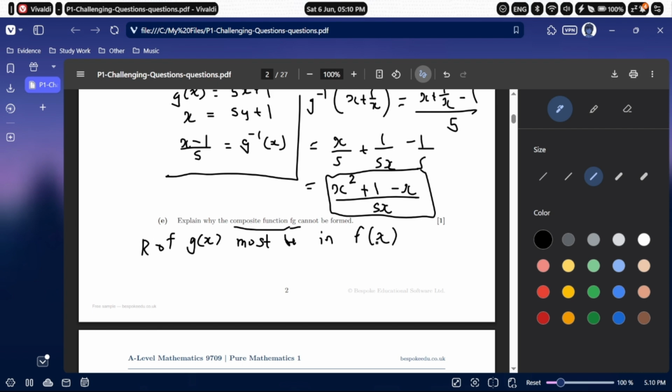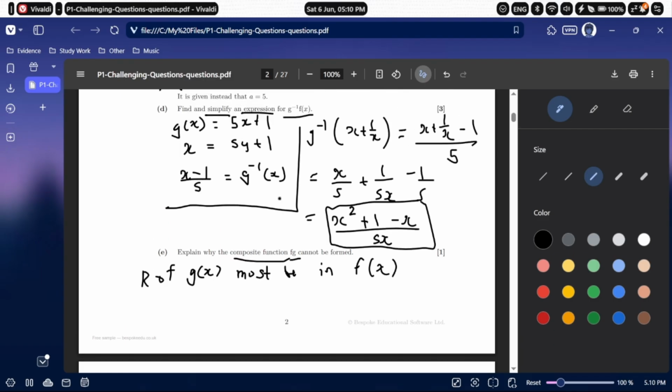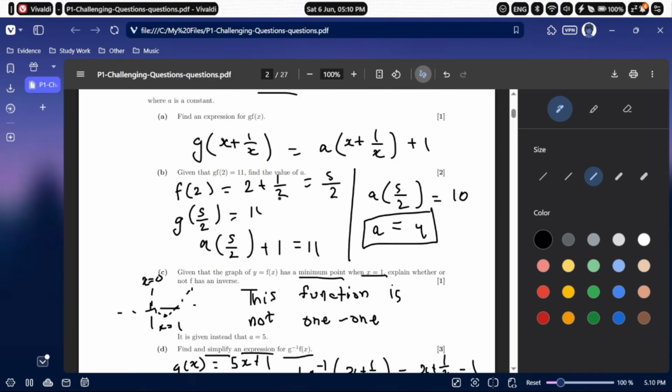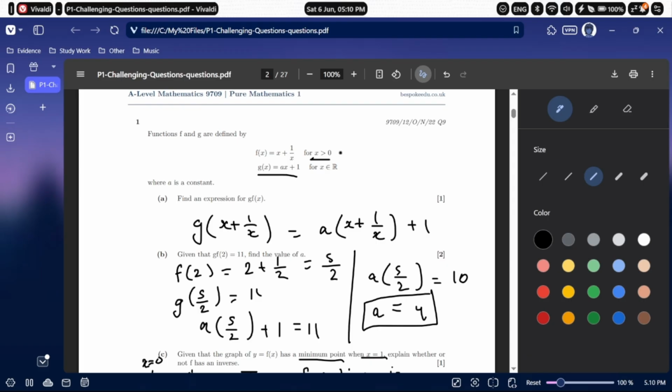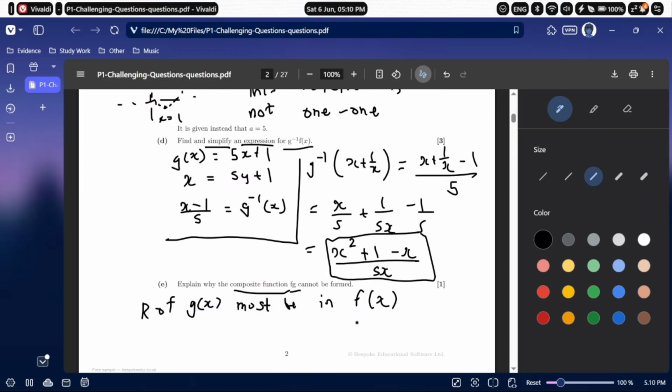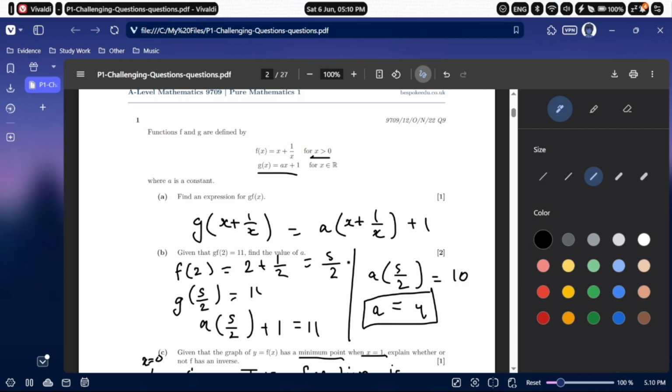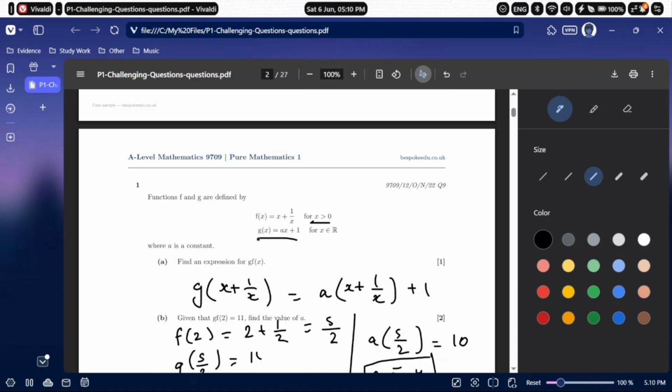Because again, you're basically inputting g of x into f of x, right? So whatever the output values for g of x are, they must be valid or they must be basically restricted. So now look at the range and domain of everything. The domain for f of x is that x must be greater than 0, right? Which is your outer function. And the range for g of x is that it's all real numbers.